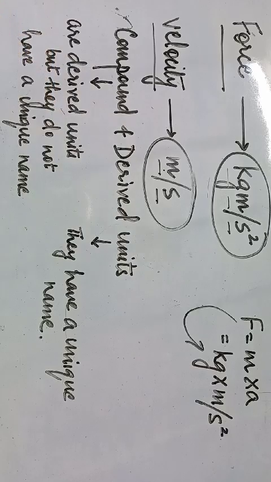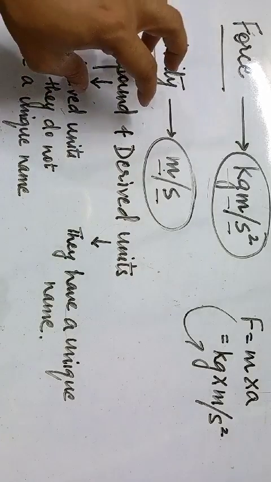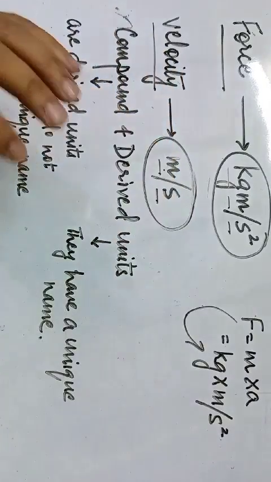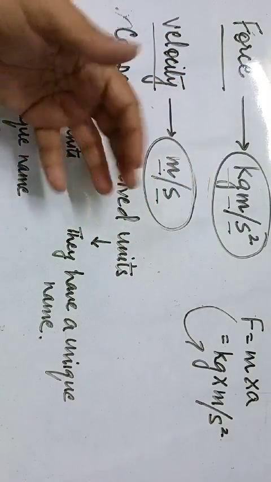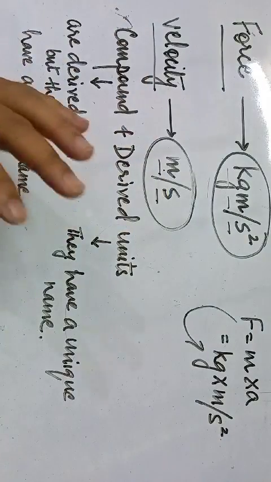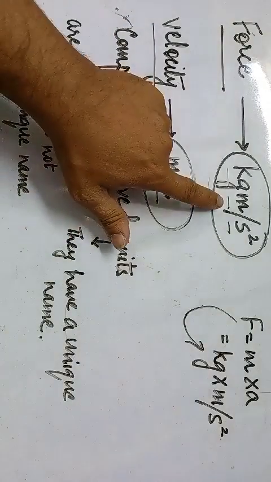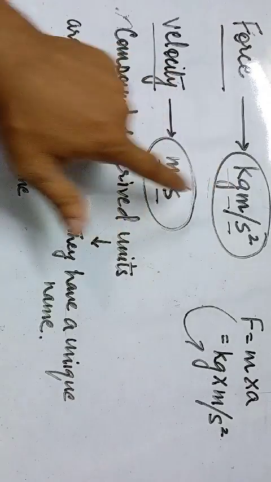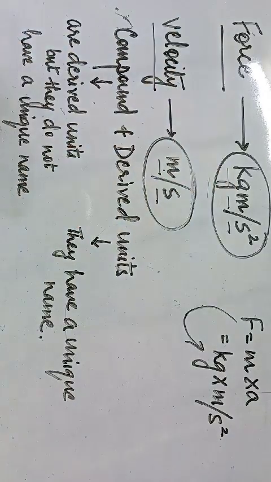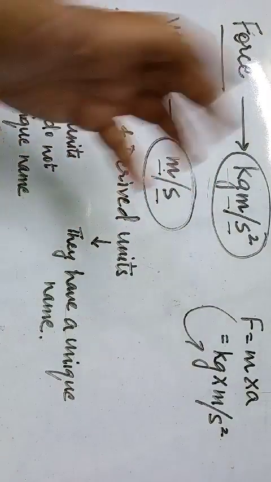Compound and derived units, the very first point that you have to understand is that both compound as well as derived units will be formed by taking a number of different basic units. Like I gave you this example and this example, both these units have been taken from a number of other basic units.